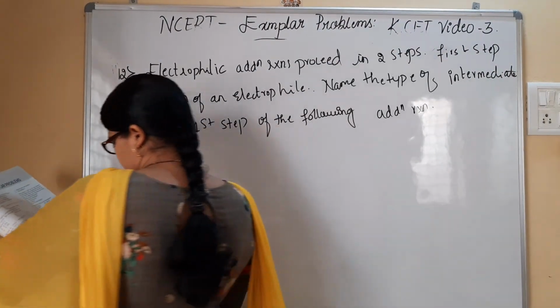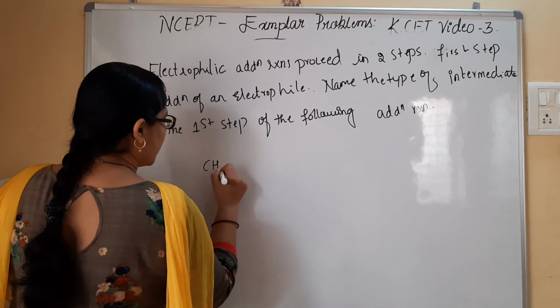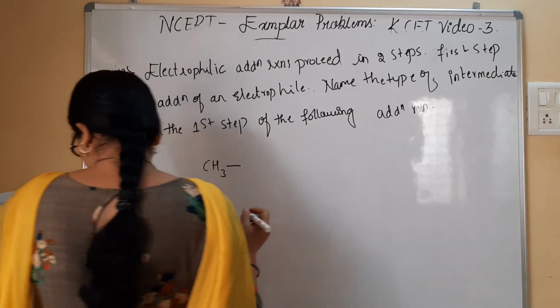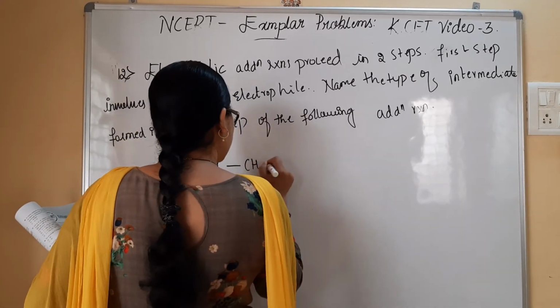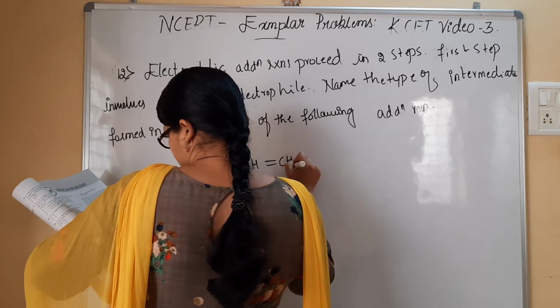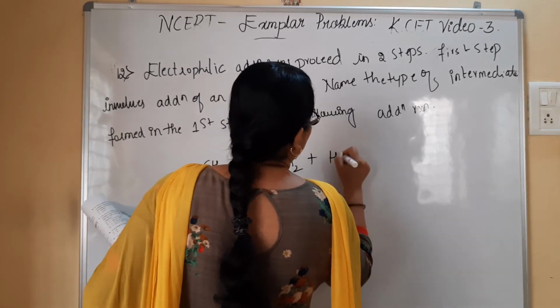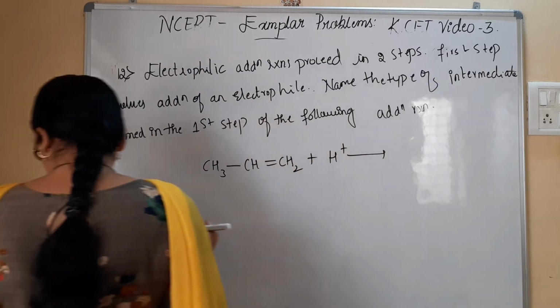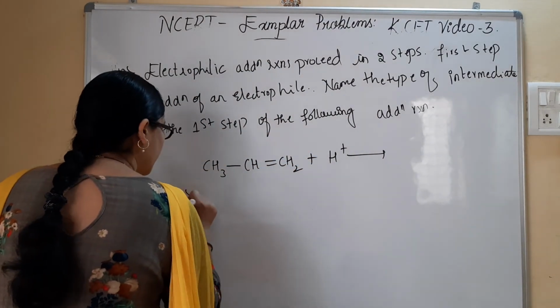So let me consider some of the options. See, they have given the reaction CH3 CH double bond CH2, for which addition reaction is going to take place. We have to find out the proper product.